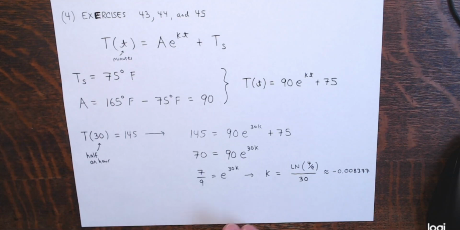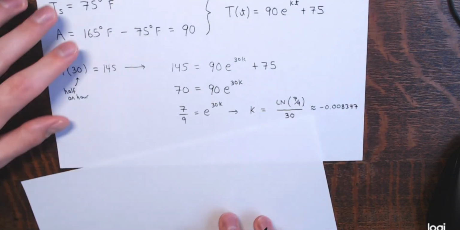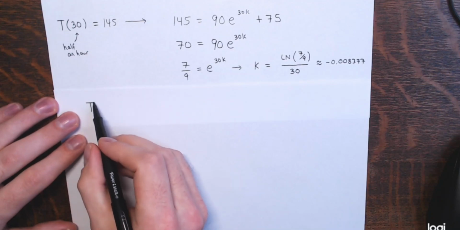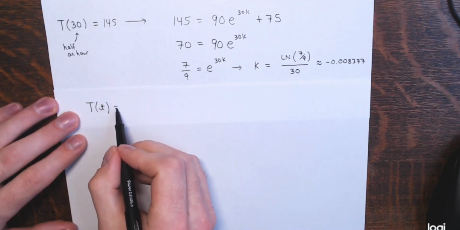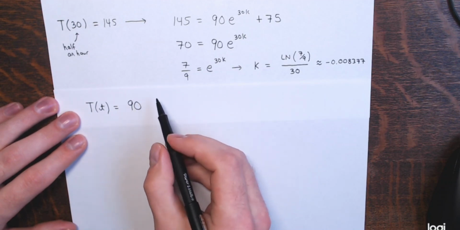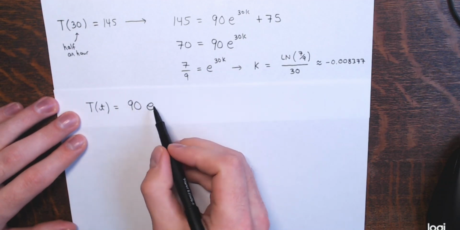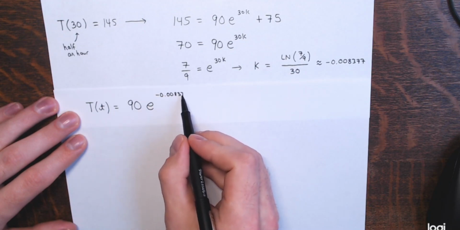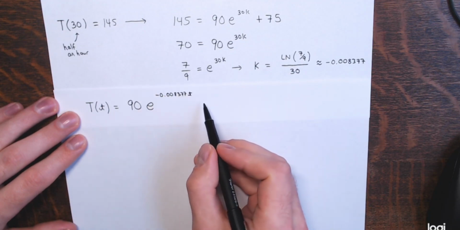All right, so the full model then, the answer to exercise 43, is this. T of t equals 90, that initial difference, times e to the negative 0.008377 times t power, plus 75.